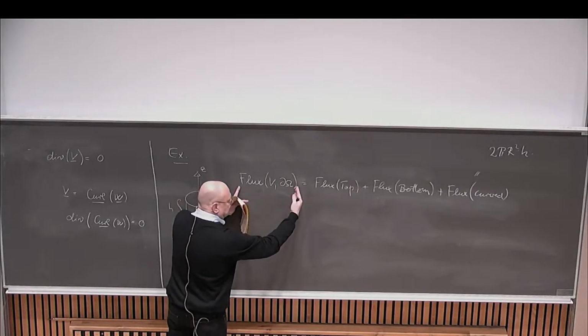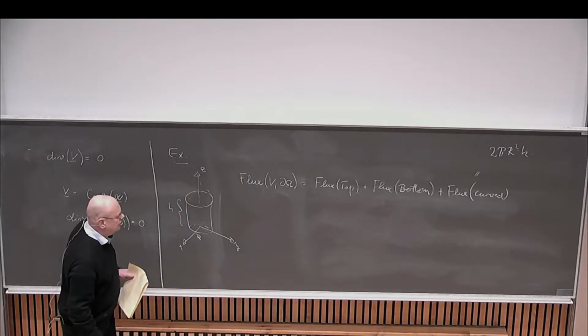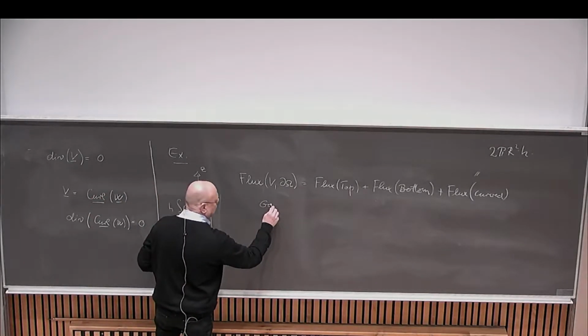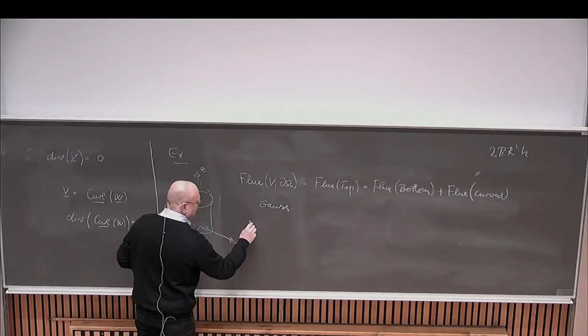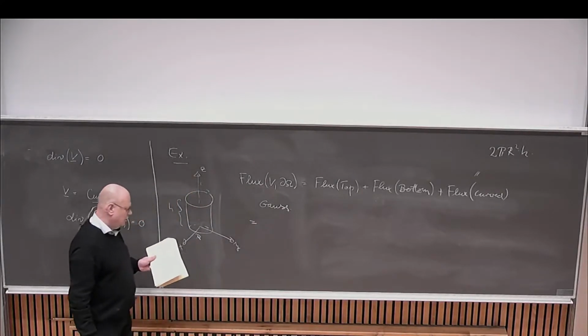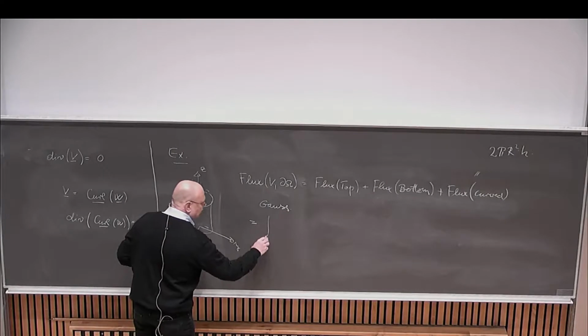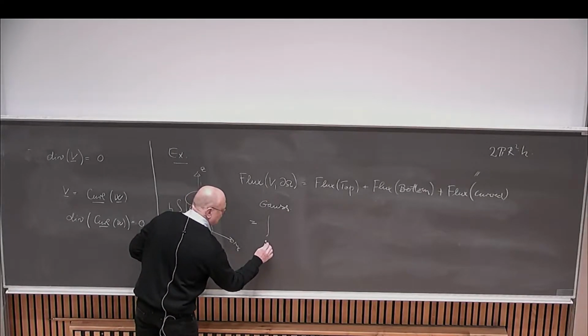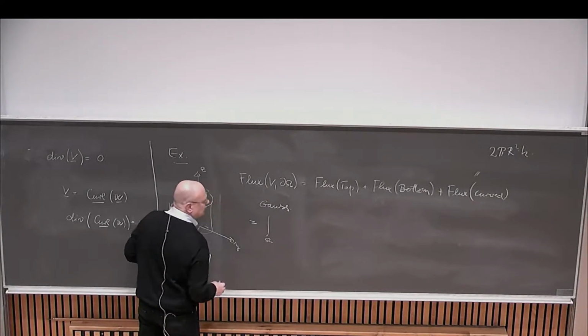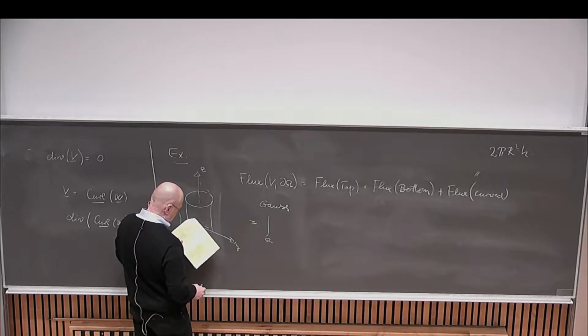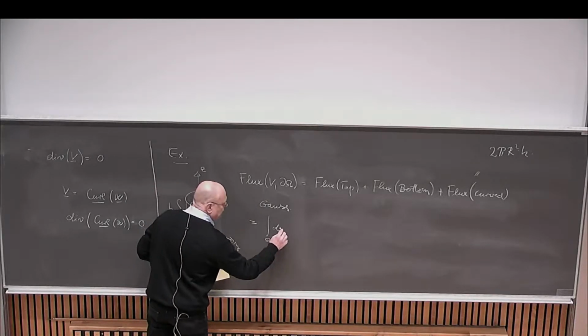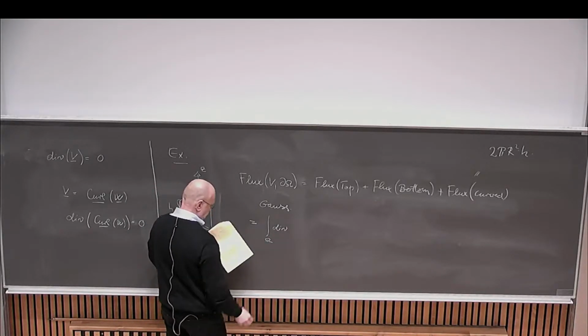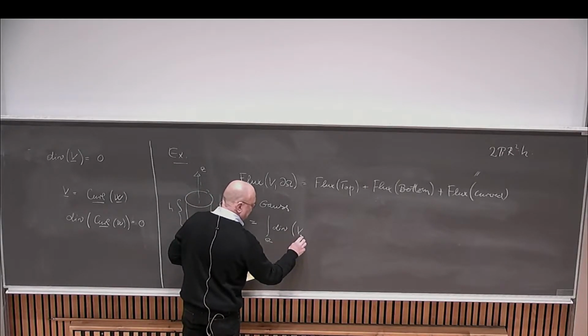Now this flux here I can compute using Gauss. So this will be equal to this volume integral over my solid omega, and then the divergence of the vector field.